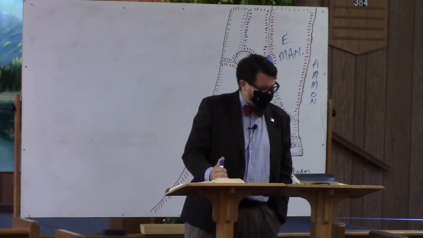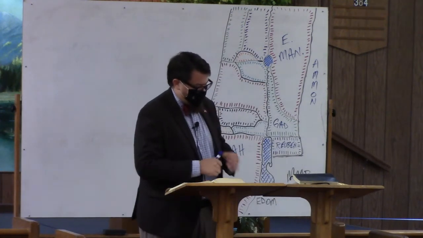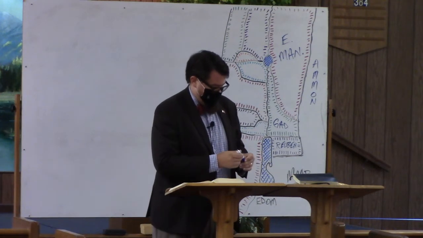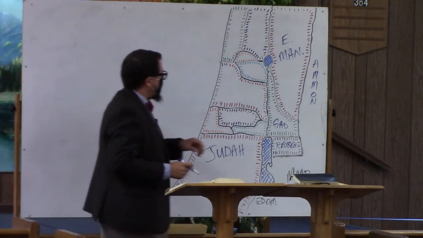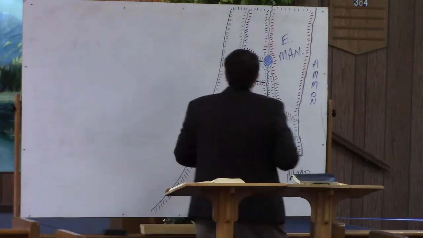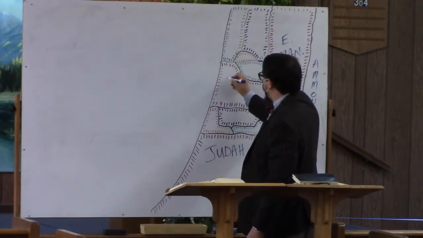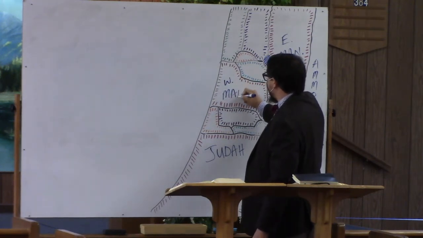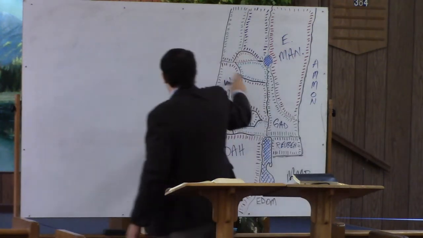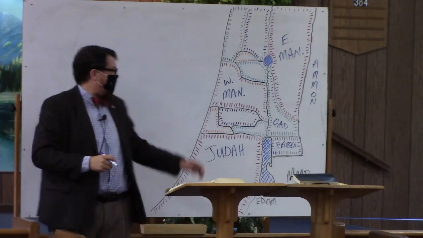Let's go ahead and put Ephraim and West Manasseh on the map. And we'll see something that the text is doing. All right, so we've already got Eastern Manasseh, Western Manasseh. I've tried to make this part easy by using the same color. Western Manasseh is this other big red blotch west of the Jordan.